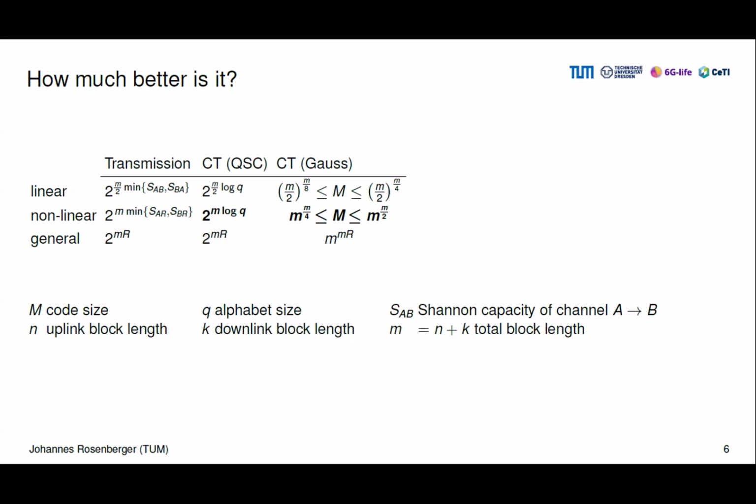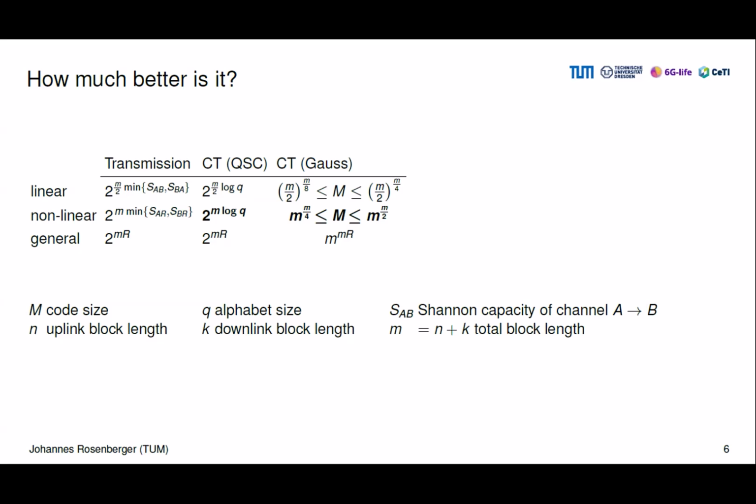Like after the linear combination, you have the same length of your vector as before. And the nonlinear, so therefore our protocol is nonlinear, where you only send down 1 bit. You can see here that therefore the linear and the nonlinear have a factor of 2 difference in the usage of the block length n.